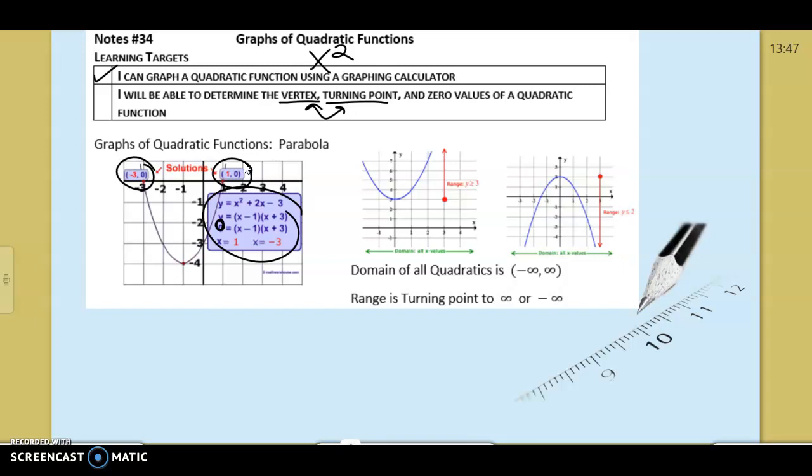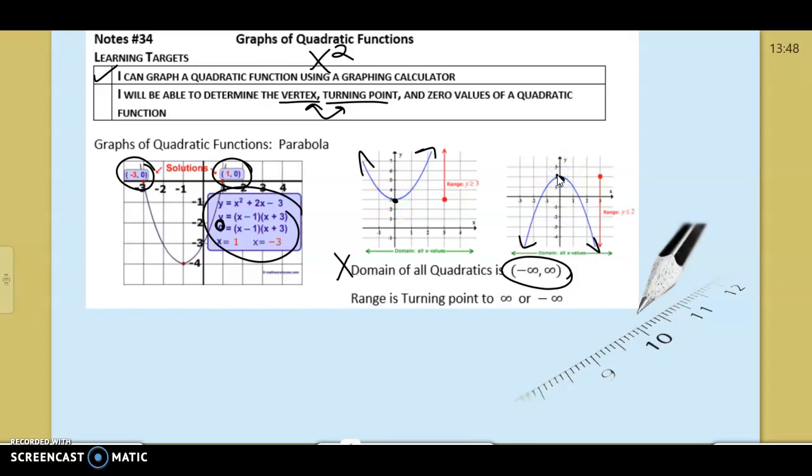We'll talk about domain and range again. Remember that domain is all of the x values. Because these are U-shaped graphs called parabolas, they go in both directions forever and ever. So we're just going to end up using this for the domain every time, even when it's turned downward. And then for the range, we're going to try to evaluate where the lowest or the highest point is.